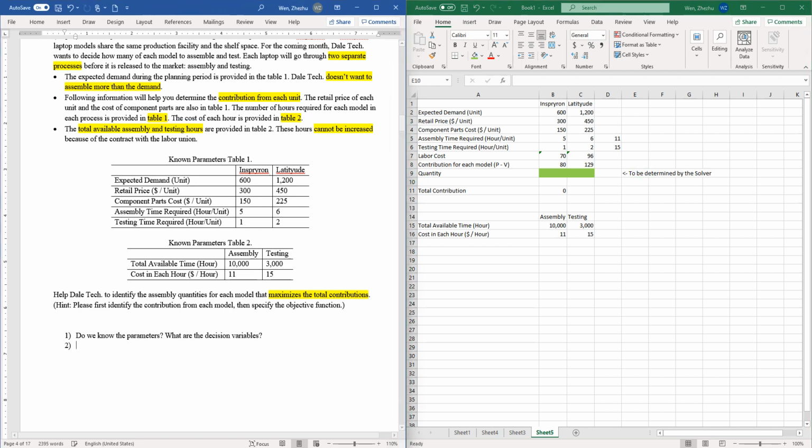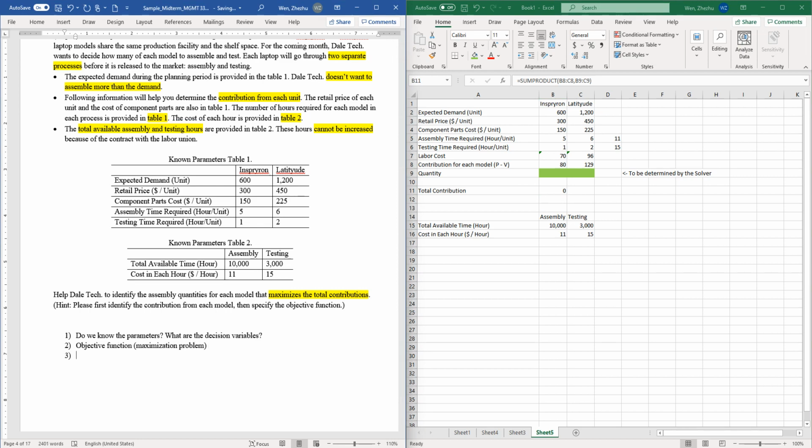And the second piece of information we need to think about is, of course, the objective function, which is already defined here. Okay? This is the objective function. We're trying to maximize it. Maximization problem.